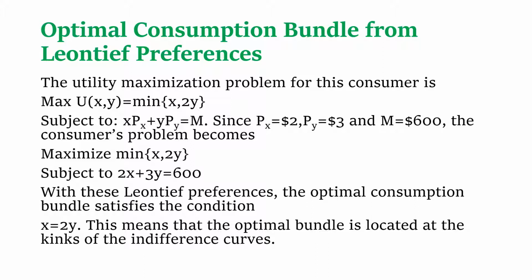So the optimal consumption bundle satisfies that particular condition, and that condition is right on top of the 45-degree line, because that 45-degree line cuts all the L-shaped indifference curves at the kink. And one of those kinks is tangential to the budget line, and that represents the optimal consumption bundle of the consumer.